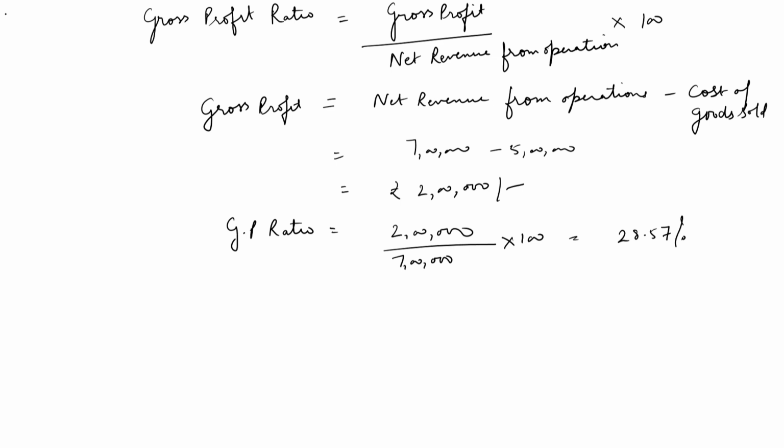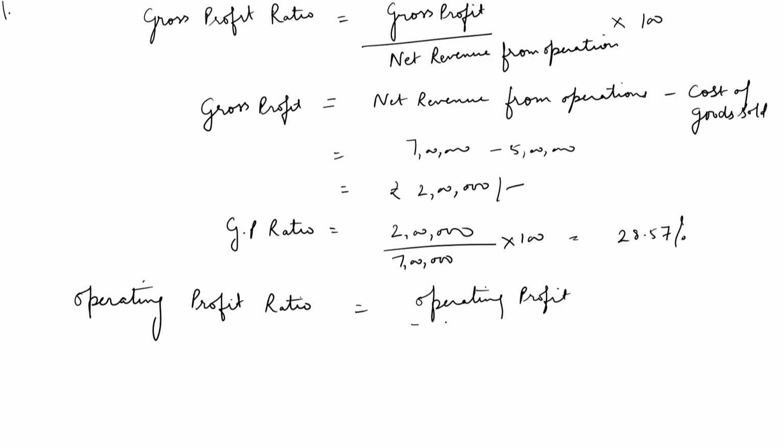And the next ratio we are supposed to compute is the operating profit ratio, which is equal to operating profit upon net revenue from operations.